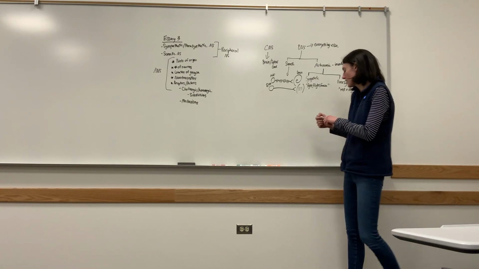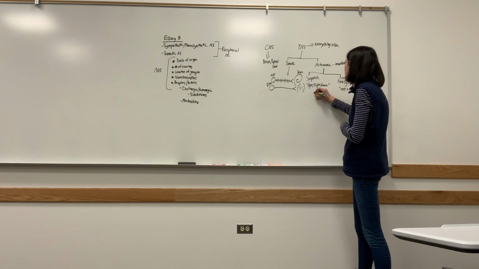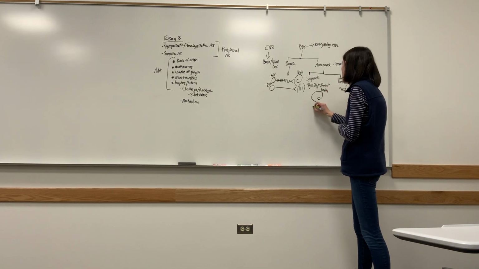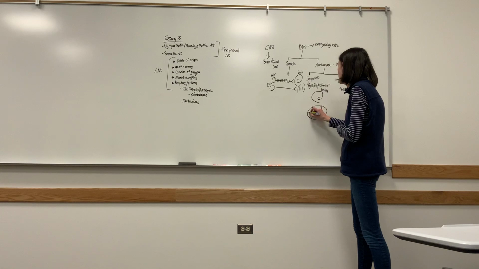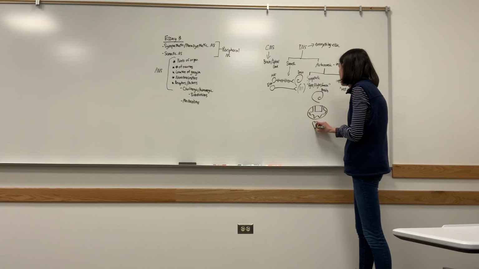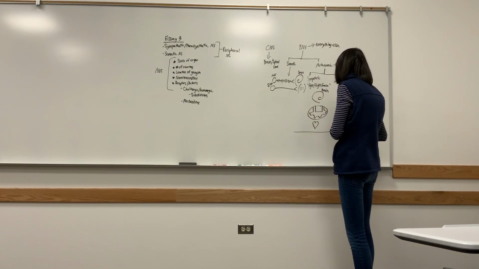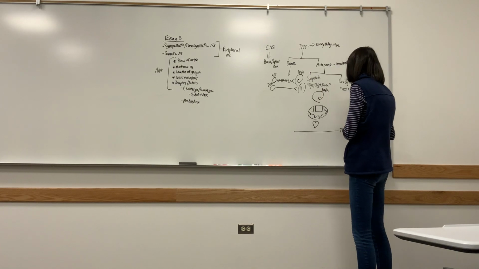Now, a couple of things. I will go over some of the pathways. So here's the brain again. This will be the spinal cord. This is our heart. This is our diaphragm.